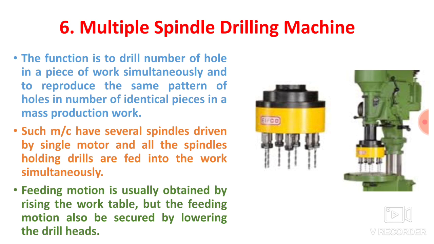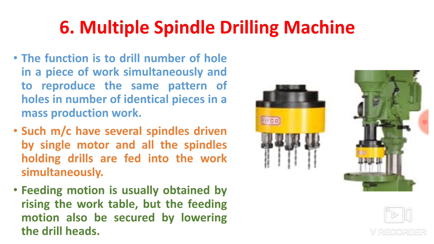Such a machine has several spindles driven by a single motor, and all the spindles holding the drills are fed into the work simultaneously. So with a single motor you are controlling all the drill bits.